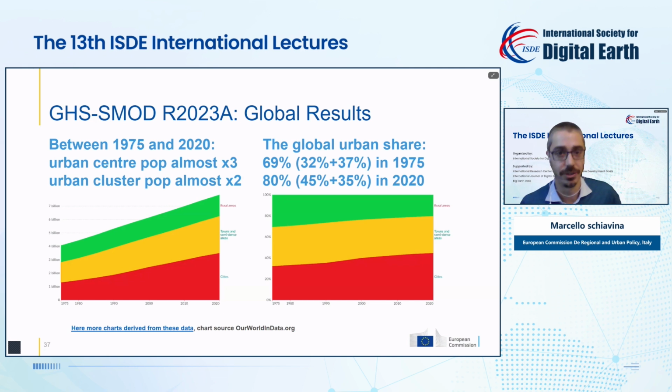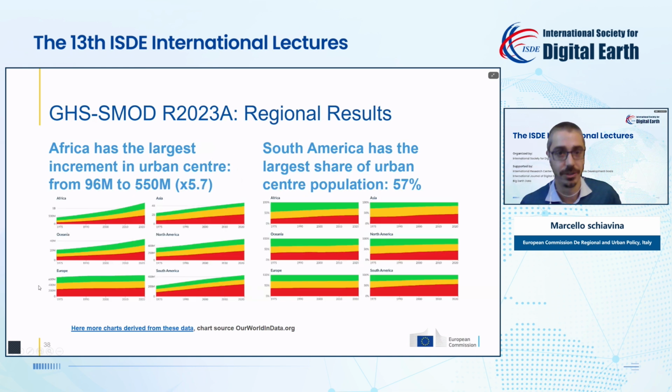This meant an increase of the urban share, so the share of people living in urban areas, as the sum of urban center and urban cluster population, from 69% in 1975 to 80% in 2020. Especially this growth was present in urban centers, from 32% to 42% of the global population.